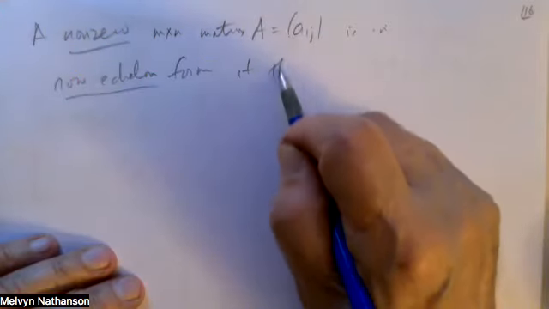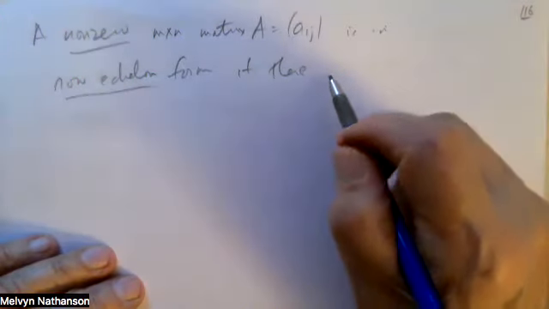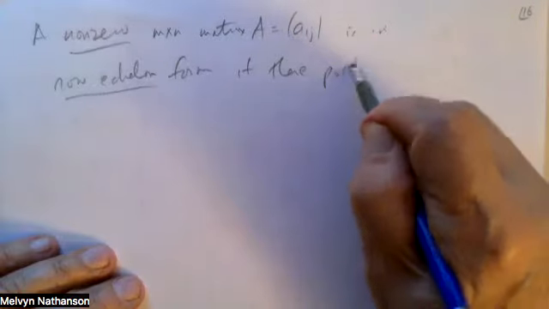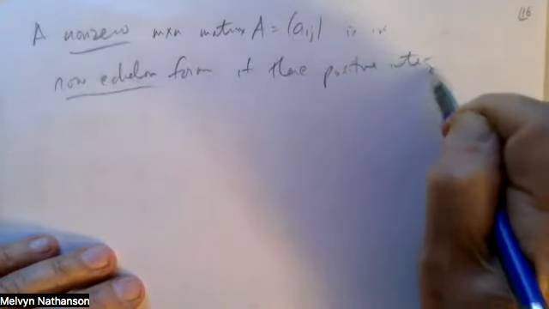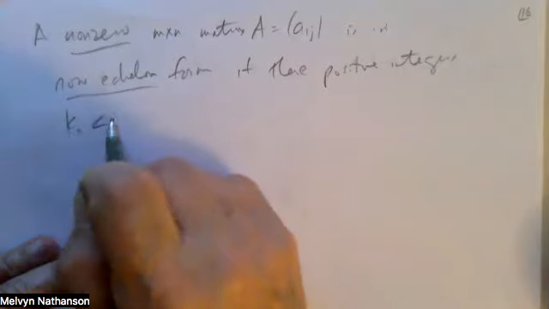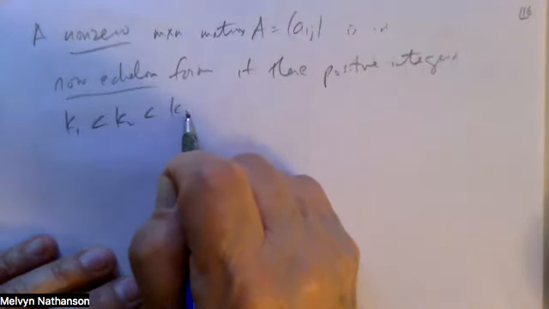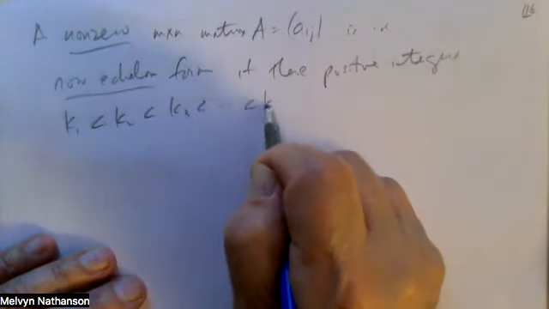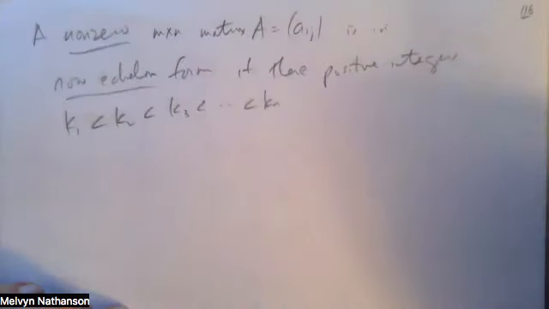If there are positive integers k1 less than k2 less than k3, strictly increasing up to kR, with the following properties.